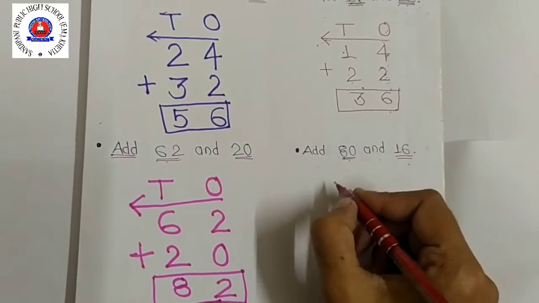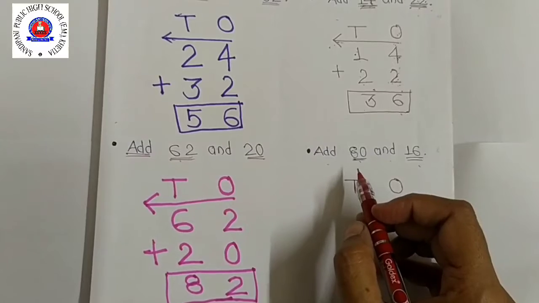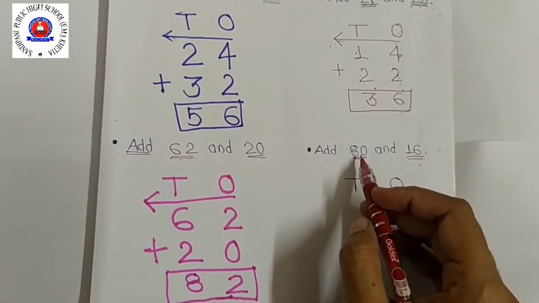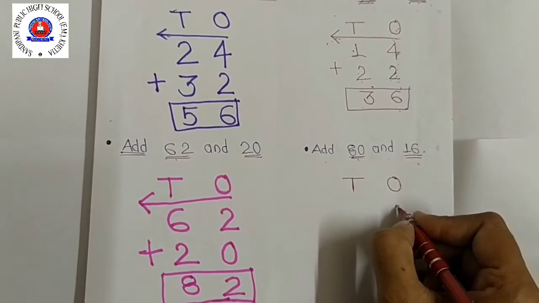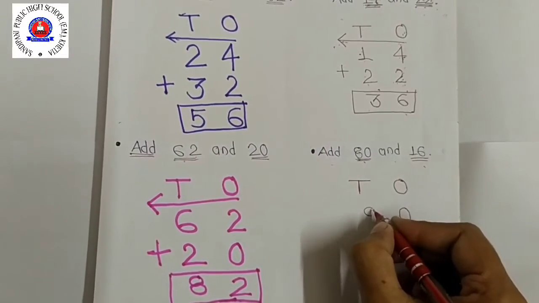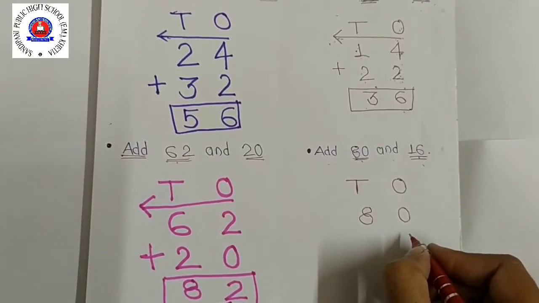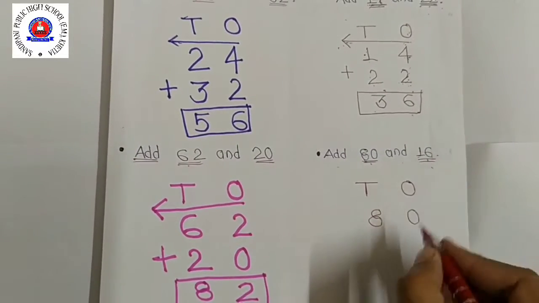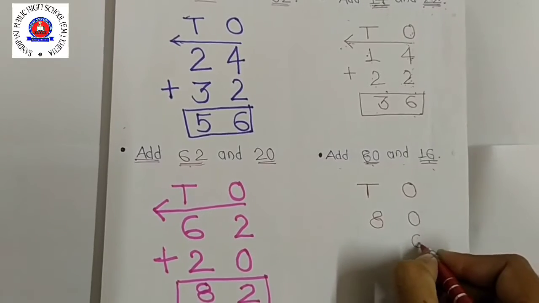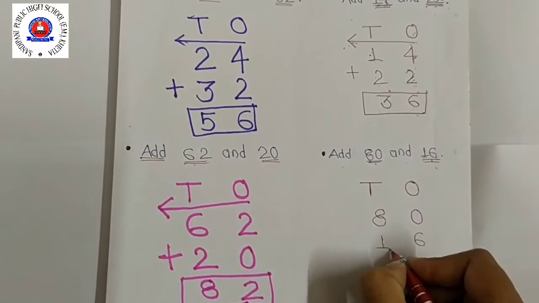Put the numbers according to their place value. In 80, 0 is written in the ones column and 8 in the tens column. In 16, 6 is written in the ones column and 1 in the tens column.